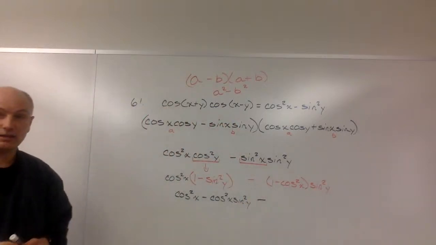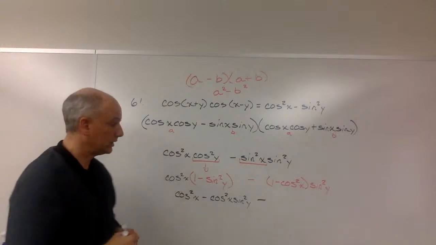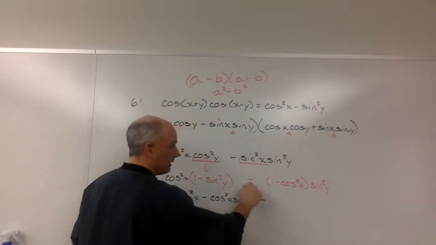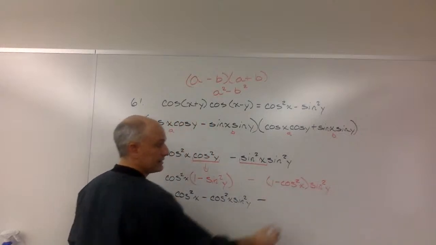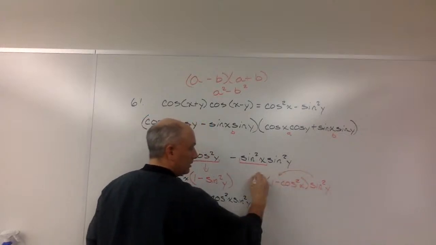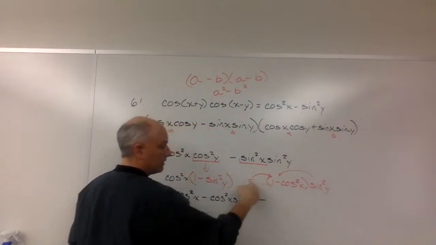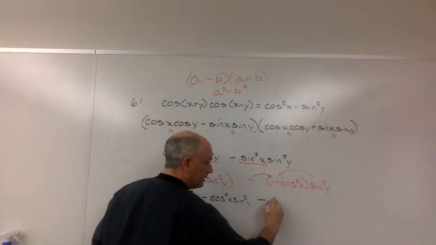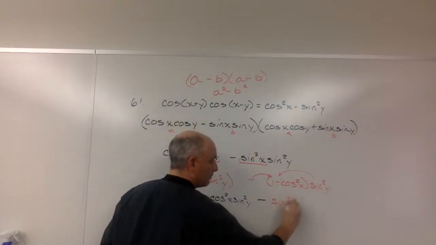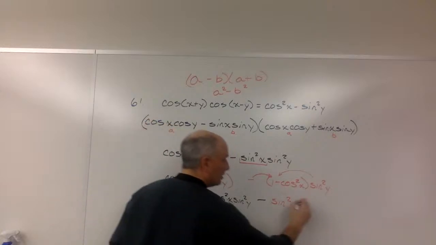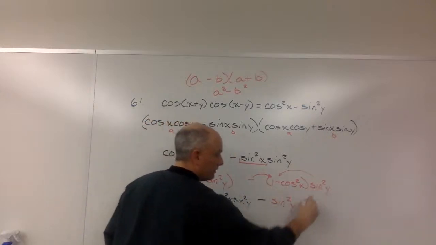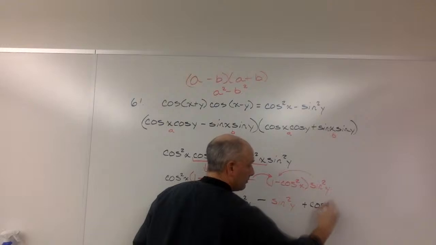Now in doing that, the same distribution, I'm going to distribute the negative and the sine squared of y at the same time. Notice that when I do that, I'm going to be subtracting sine squared of y, but then I would be adding cosine squared of x sine squared of y.